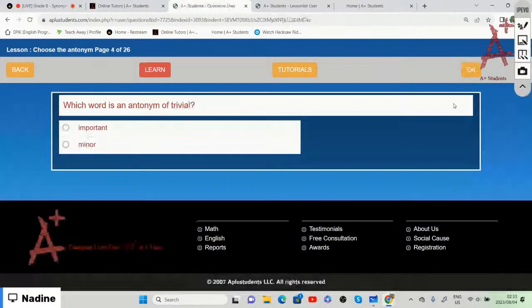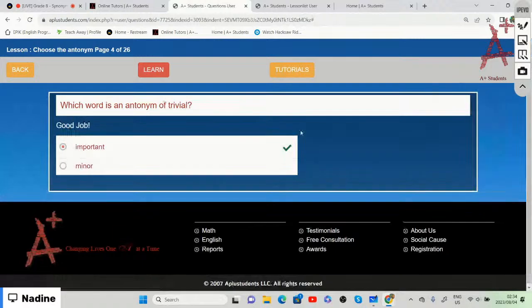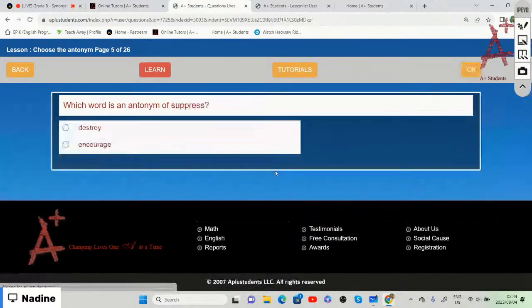Does it mean important or minor? So it's the opposite of trivial, right? We can then say it is important.